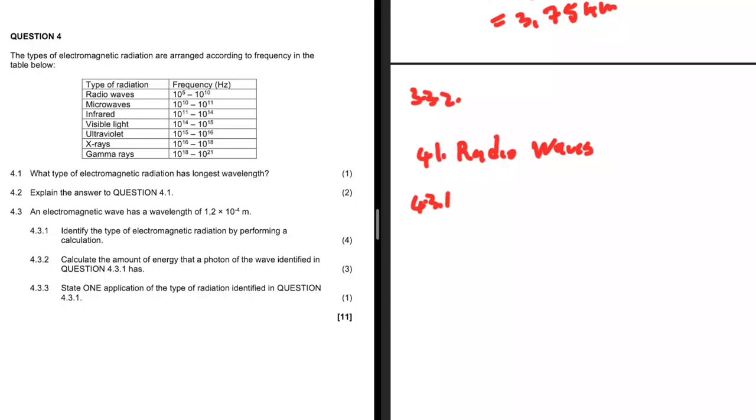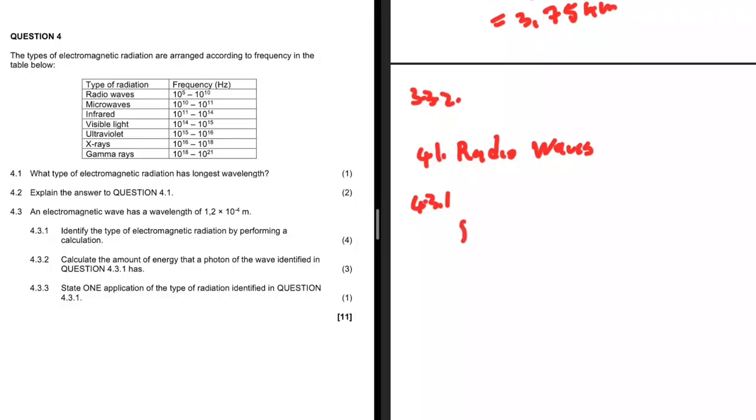4.3.1, an electromagnetic radiation wave has a wavelength of 1.2 times 10 to the minus 4 meters. Identify the type of electromagnetic radiation by performing a calculation. So we are given the wavelength of the electromagnetic wave. In the table, we have the frequency. So we need to calculate the frequency using this wavelength in order for us to identify the electromagnetic wave.